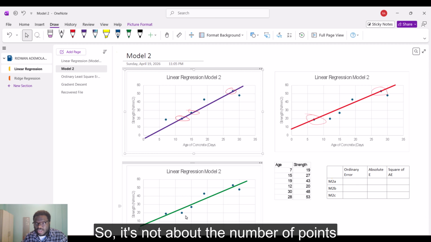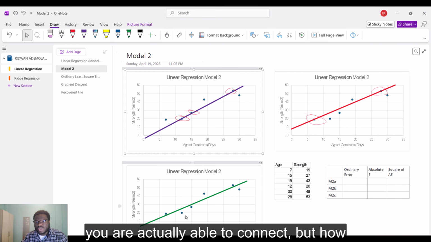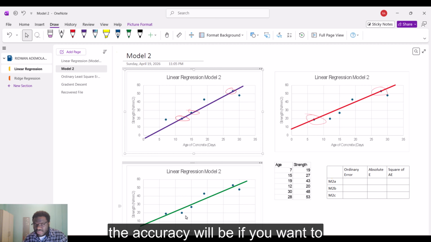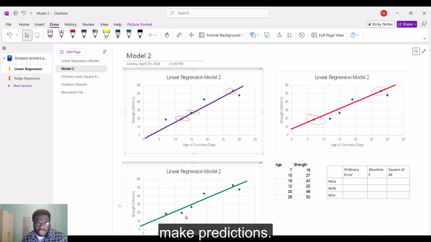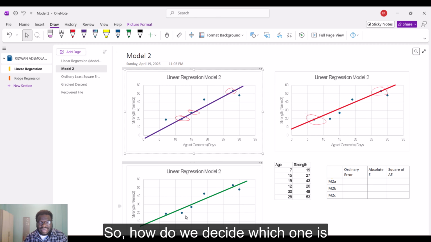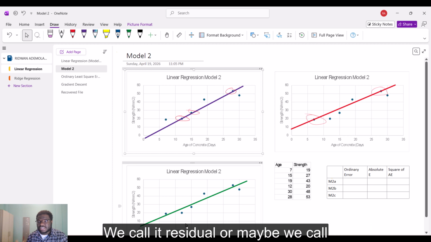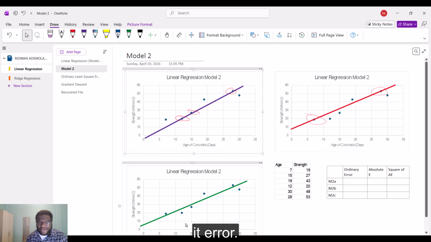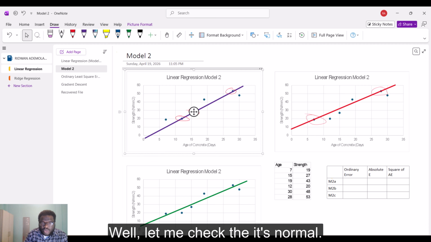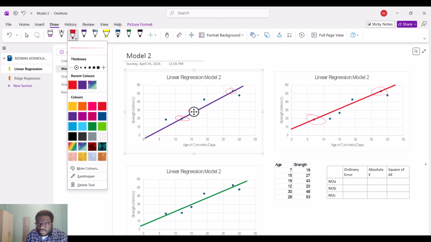All right. So it's not about the number of points you are actually able to connect, but how the accuracy will be if you want to make predictions. So how do we decide which one is best? Well, there's something that comes in place now. We call it residual, or maybe we call it error. And what is error?